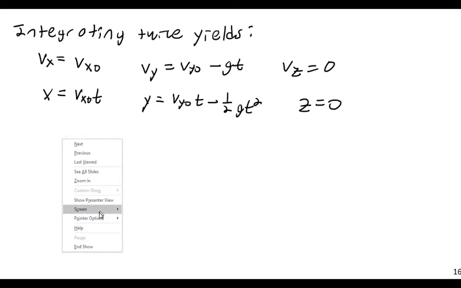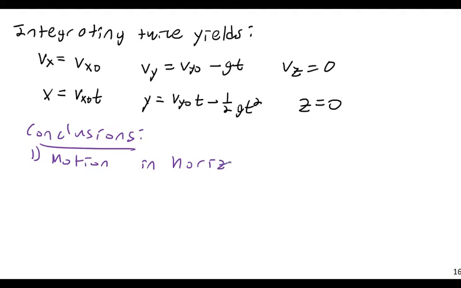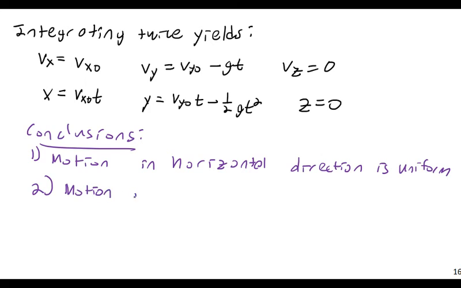So in other words, the conclusions of this are: 1, motion in the horizontal direction is uniform, or constant. 2, motion in the vertical direction is uniform acceleration.